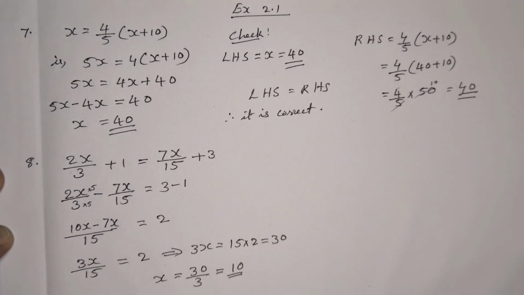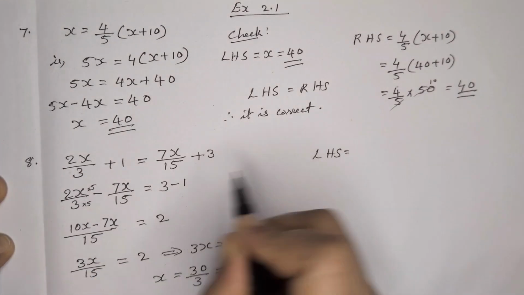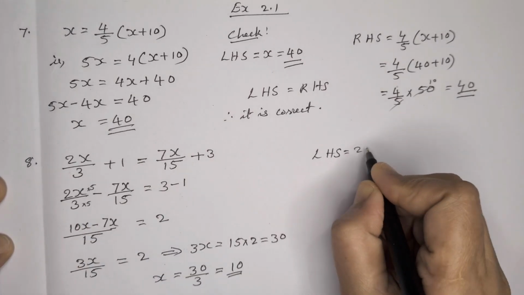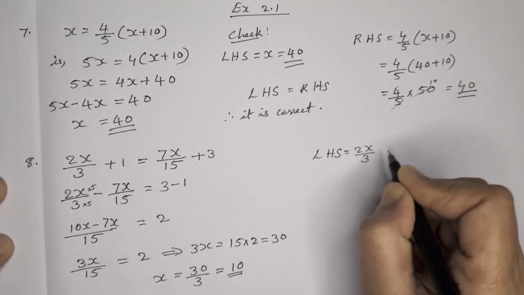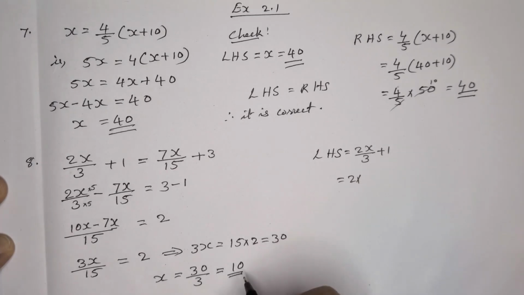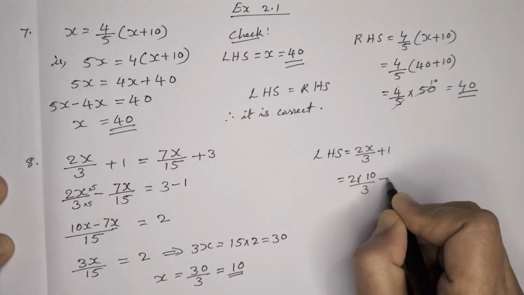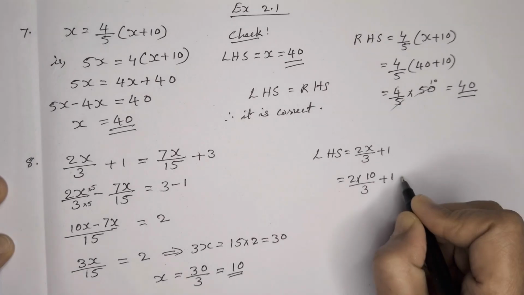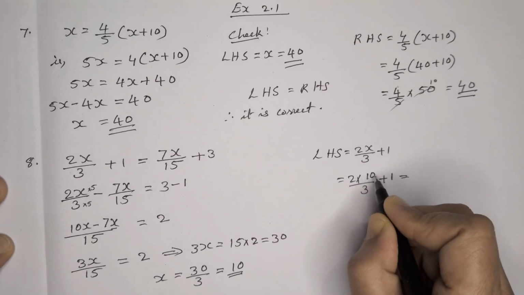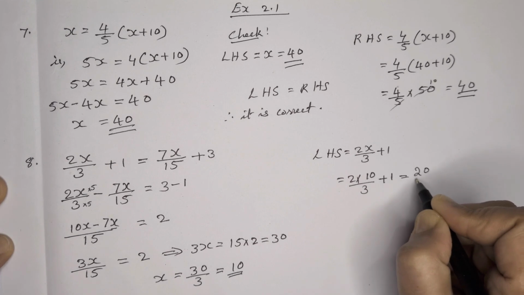Now to check, LHS is equal to 2x by 3 plus 1. That means 2 into x is 10, by 3 plus 1, which is equal to 2 into 10, 20 by 3.